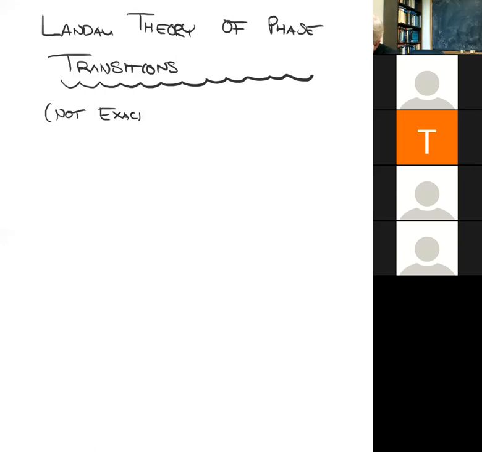It's a kind of theory that's sometimes called a mean field theory. But even though it's not exact, it's often actually quite accurate. And even in cases where it's not exact, it ends up being the starting point for a more exact treatment. Okay, so what is the idea?